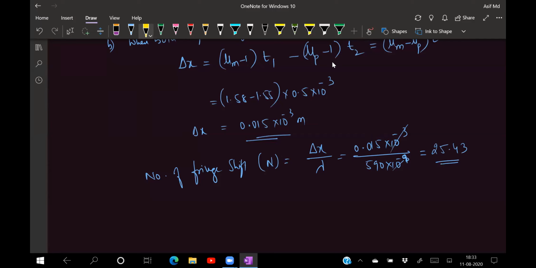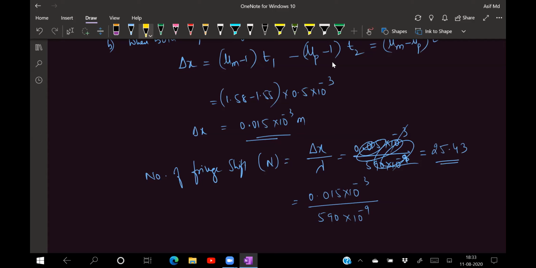Let me do the calculation once again right now. See this one. Delta x is equal to 0.015 into 10 to the power of minus 3. Wavelength is 590 nanometers, so 10 to the power of minus 9. So you write this as 15, and these zeros will also go. See how much I'm getting right now.